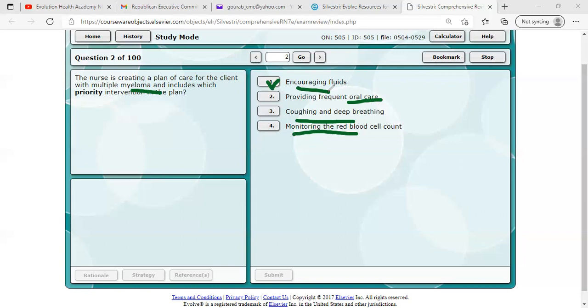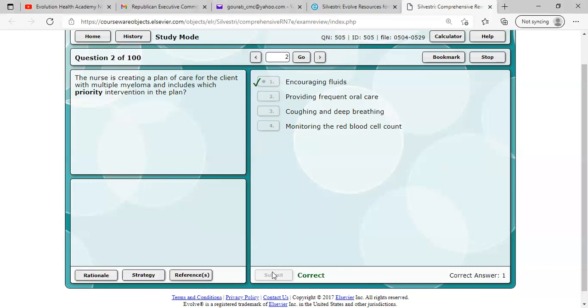So if you encourage your patient to take enough fluid, the calcium is easily eliminated from the body, right? So this is the reason for the first priority: we encourage our patient to take enough fluid.